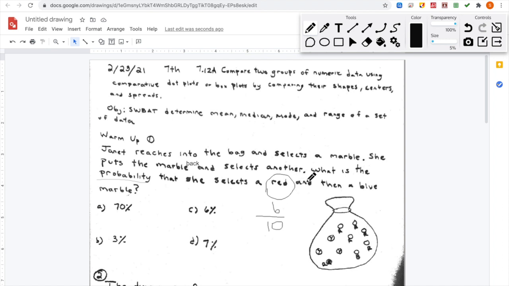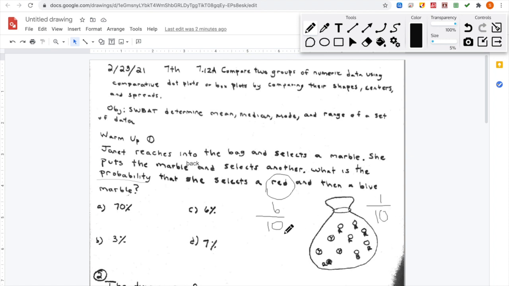And then on the second one, she takes it out, she puts it back, so there's still 10 marbles in there. On the second one, we need a blue marble. So in the second event, what's the probability she picks a blue marble? So there's 1 blue out of 10.